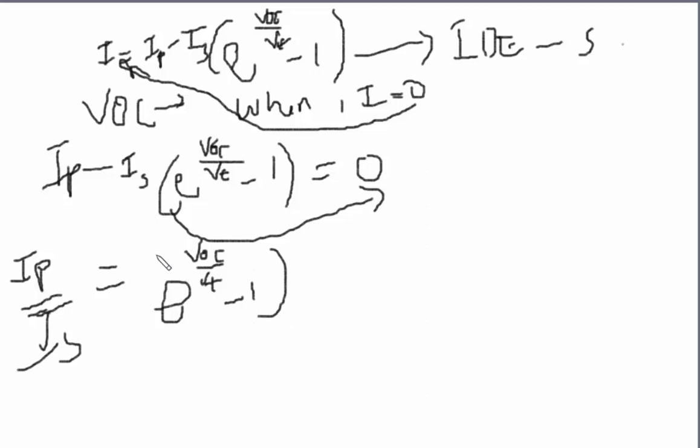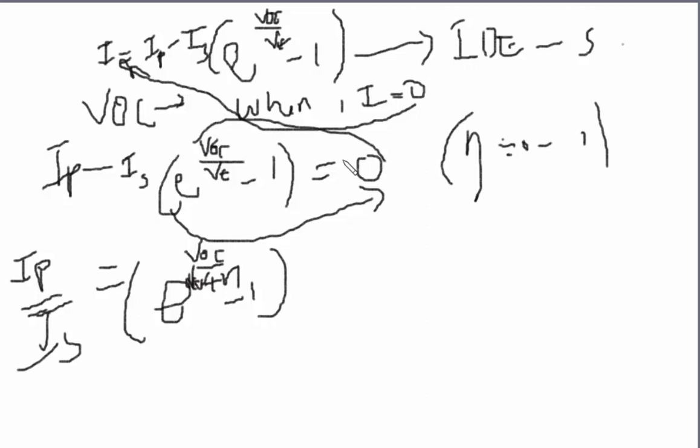minus 1. If I want to take the number of cells, n cells, I can take it with the ideality factor. The ideality factor always lies between 0 and 1. I will shift this one here, then divide this one with this IP. Now I will shift minus 1 to here.